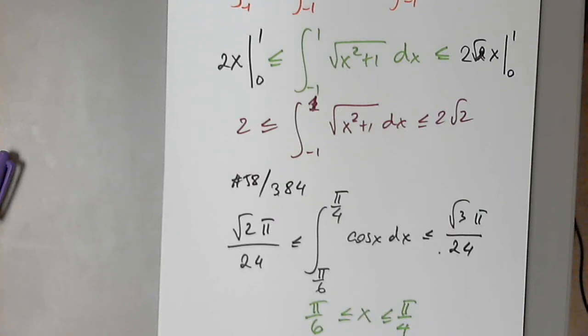If cosine is increasing on that interval, cosine of pi over 6 will be less than cosine x, which will be less than cosine pi over 4. But if cosine is a decreasing function between pi over 6 and pi over 4, then the inequality symbol will reverse. This will be bigger, and this will be smaller.